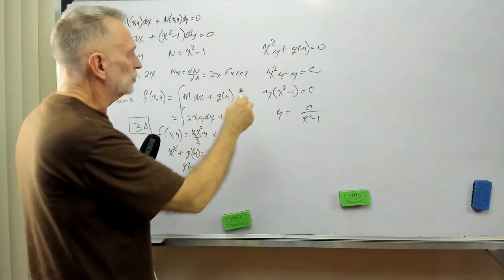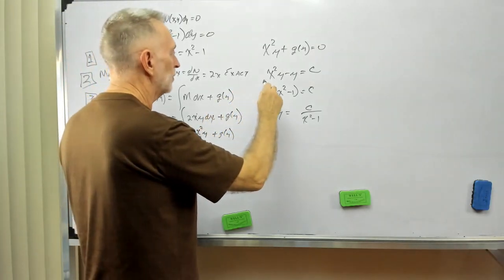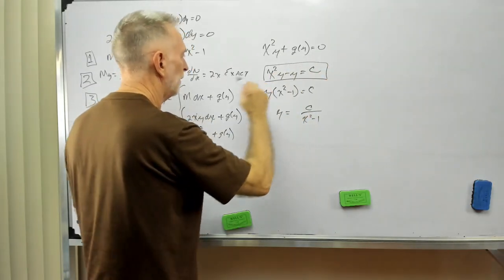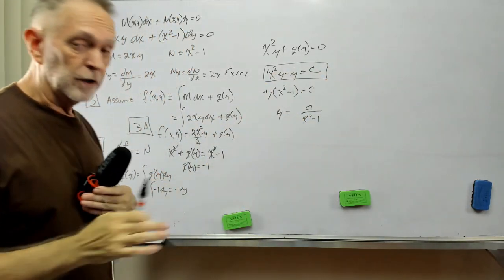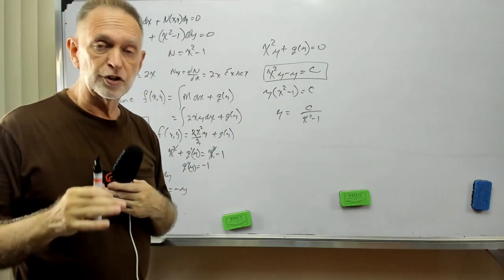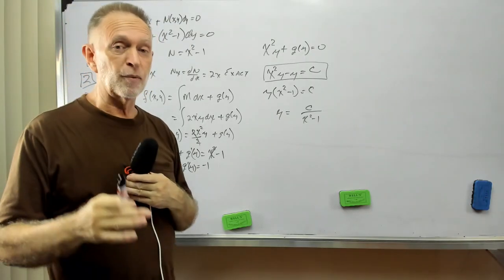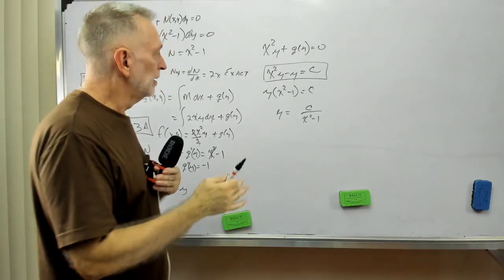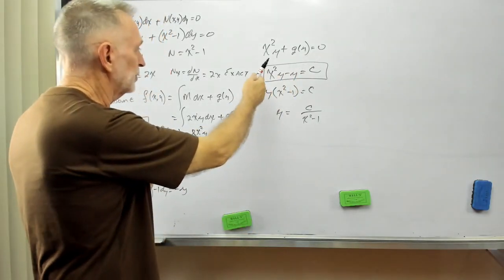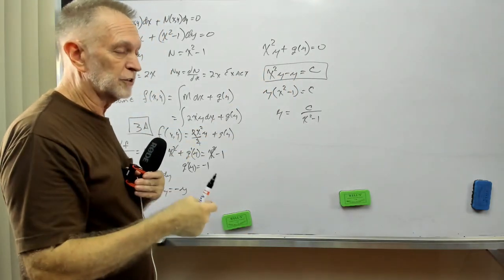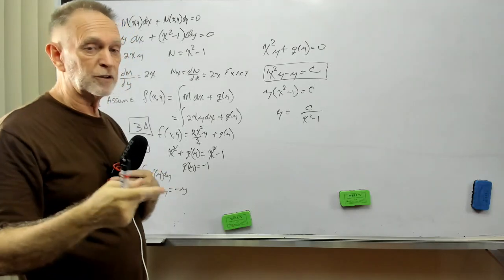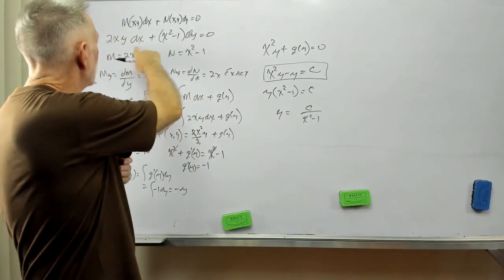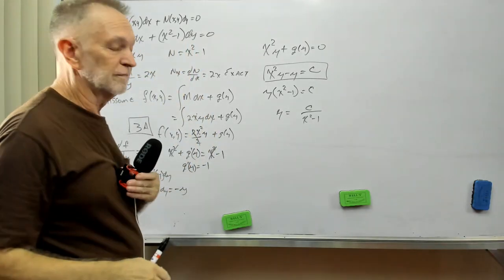Now let's go back to, where were we? Right here. Now if that's the function, I should be able to take the derivative of that with respect to x and get M. In other words, the partial derivative with respect to x plus the partial derivative with respect to y should give me the original equation.